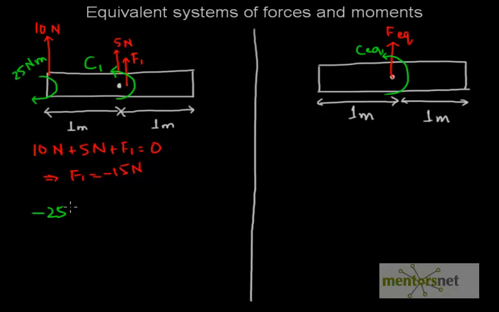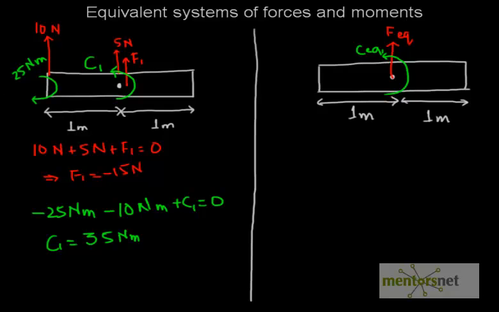What is the couple of this force about this point? This force about this point is minus 10 Newton meter, 10 newtons into 1 meter, and since it's clockwise, it's minus. So minus 25 minus 10 plus C1 is equal to 0. This gives me that C1 is equal to 35 Newton meter.